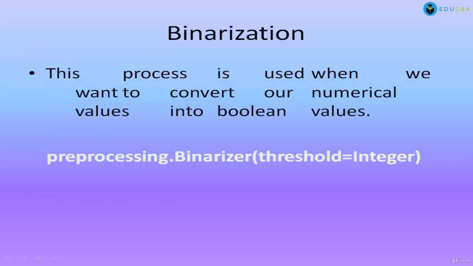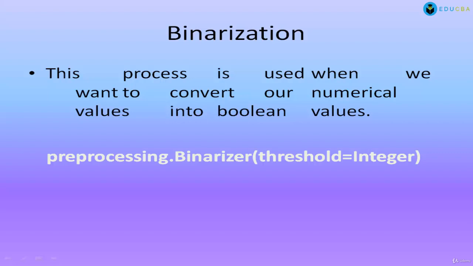Now first, what is binarization? This process is used when we want to convert our numerical values into Boolean values. You know very well what Boolean is: either true or false, or you can say either 0 or 1.